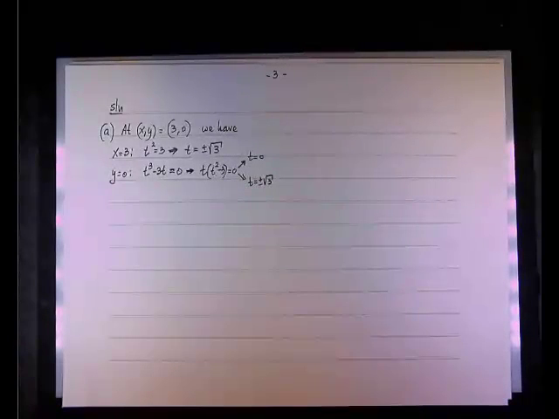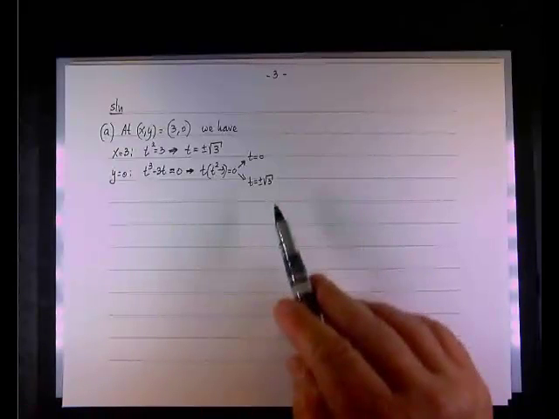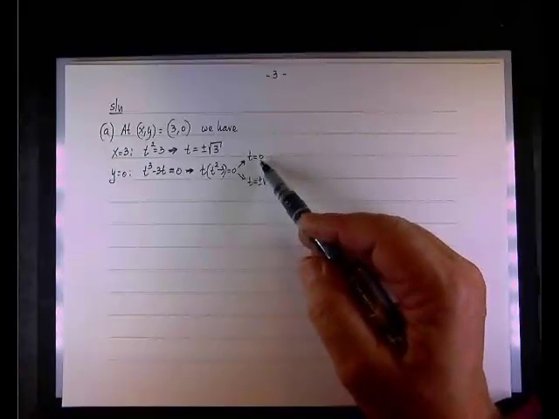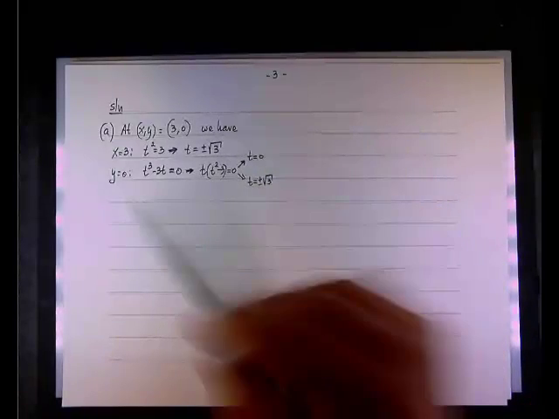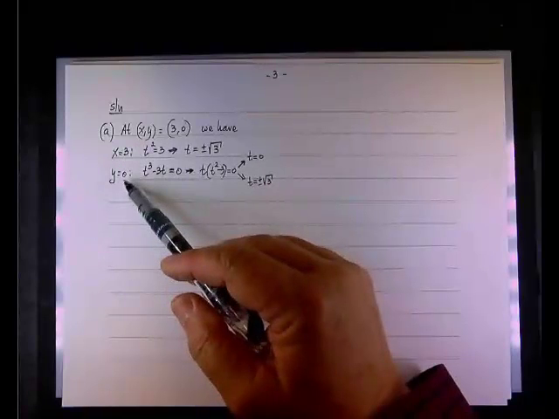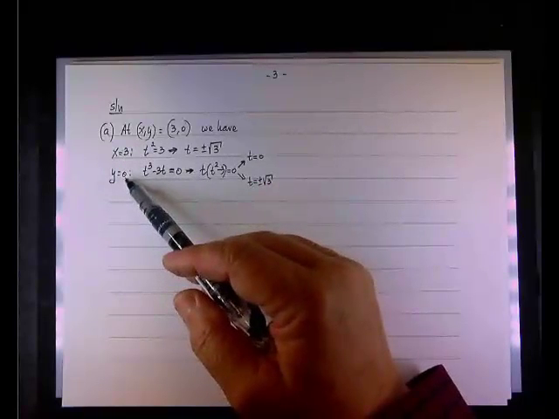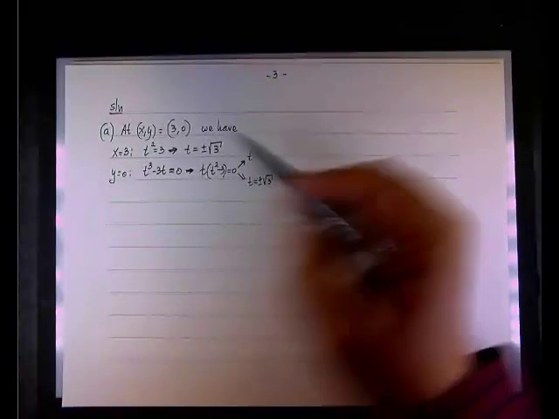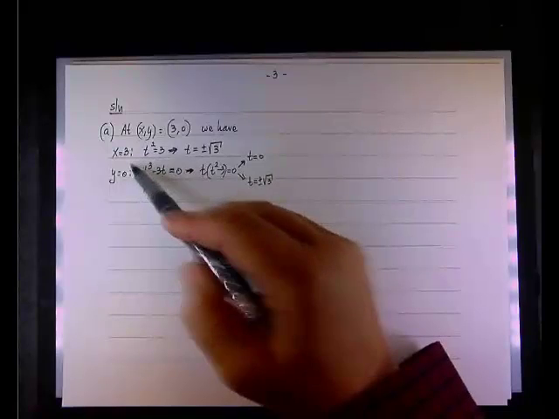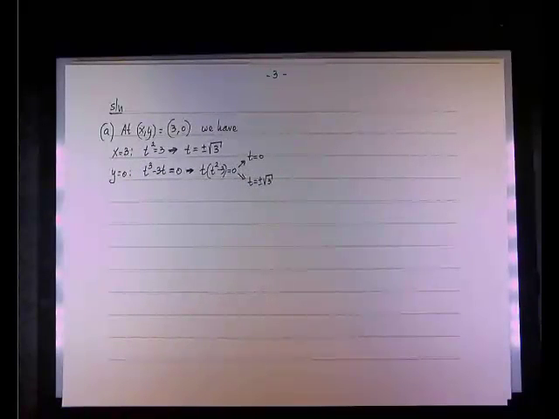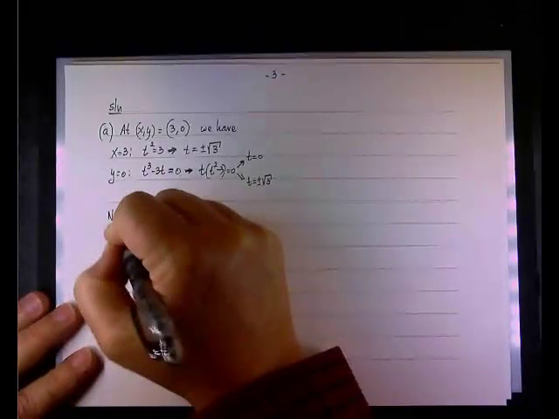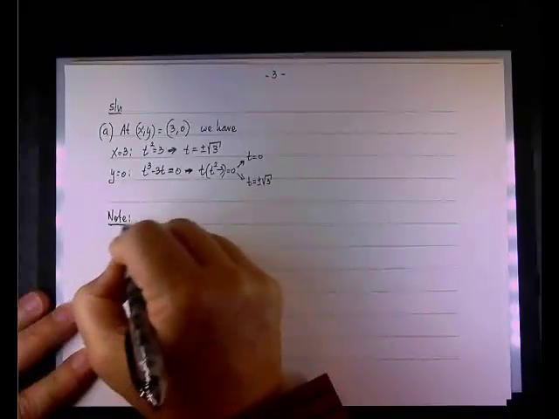So t equals 0 is one solution, and t equals plus or minus square root of 3. But here's the thing. We need to satisfy x equals 3 and y equals 0 at the same time. Since t equals 0 does not give us x equals 3, we're going to reject that solution.